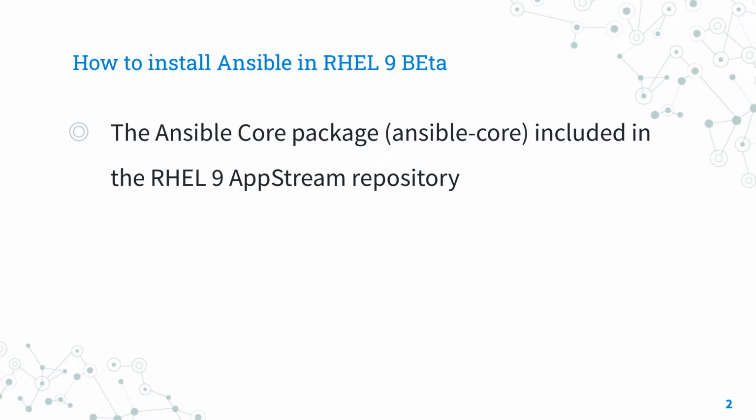So no more additional repositories such as Ansible Engine or EPEL like previous versions for basic automation. However, for additional support for the underlying platform and core maintenance module, the Ansible Automation Platform subscription is required.